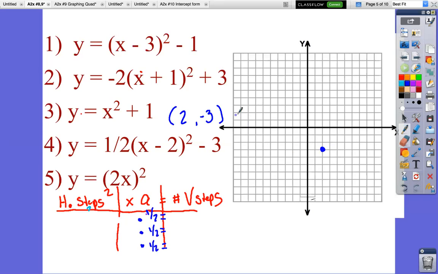Now, I'm not going to waste time showing you guys what that should look like, but instead, let's do the same thing. The reason I put number 4 up here is because of this. You see how your a value is 1/2, and I already filled this in, but I didn't fill in my horizontal steps because I do not want to use 1, 2, and 3 any longer. Why do you think I don't want to use 1?